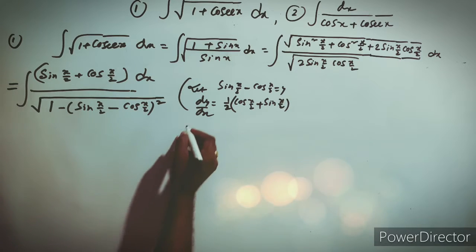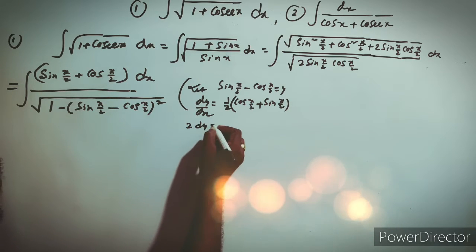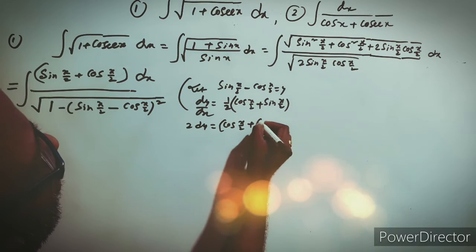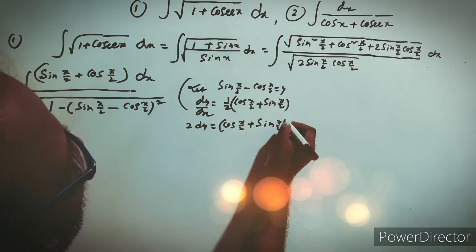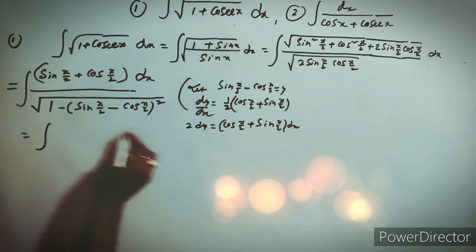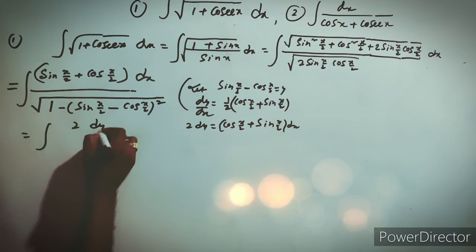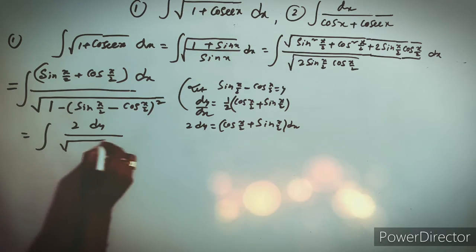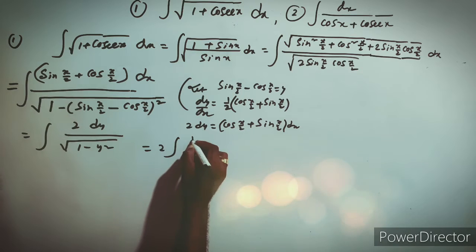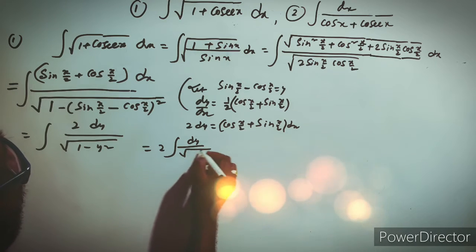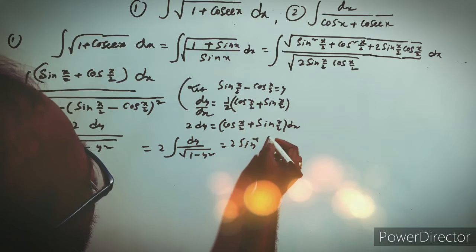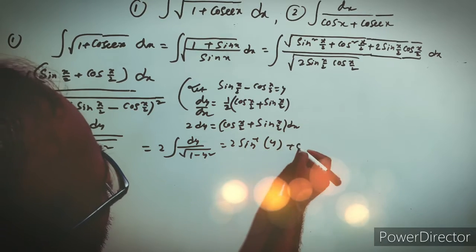So from that, twice dy is cos x by 2 plus sin x by 2 dx, so it can be expressed as twice dy under root of 1 minus y square, which equals sin inverse y plus c.